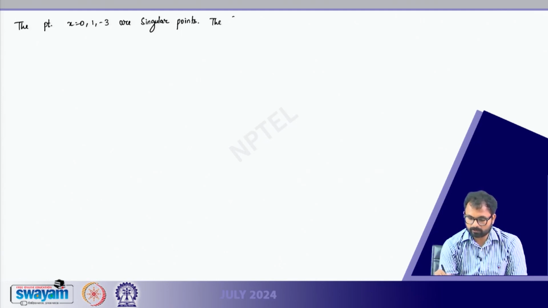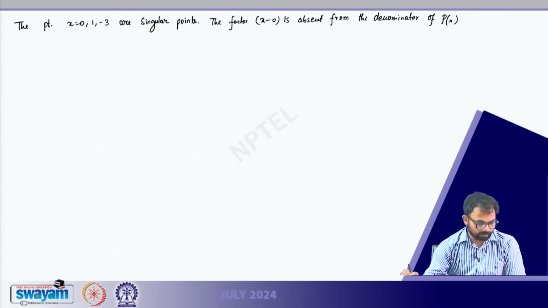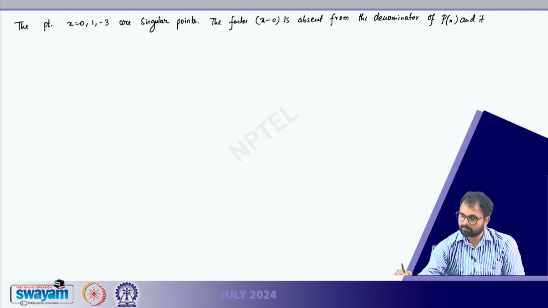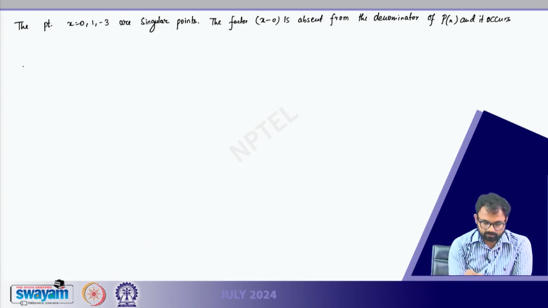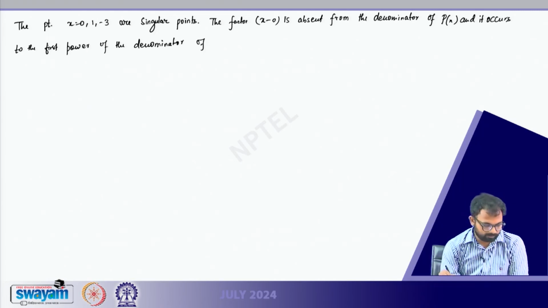The factor x minus 0 is absent from the denominator of capital Px, and it occurs to the first power of the denominator of Qx.